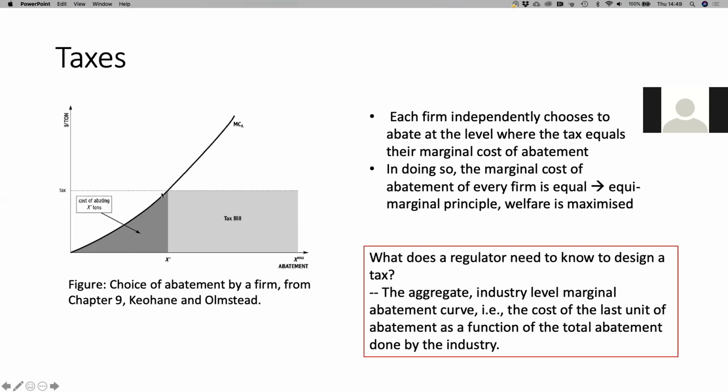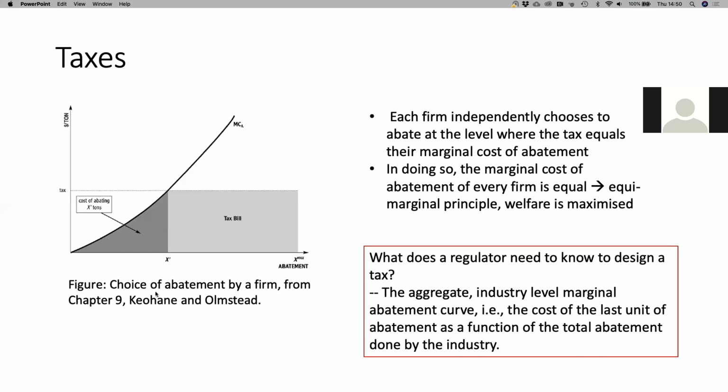Now, how does a tax influence a firm's incentives? This marginal cost curve here represents the cost of abatement for that firm. The firm has to pay a tax at this point. If the firm is abating a quantity lesser than X dash, then the cost of that abatement is lesser than the tax he will have to pay, right?